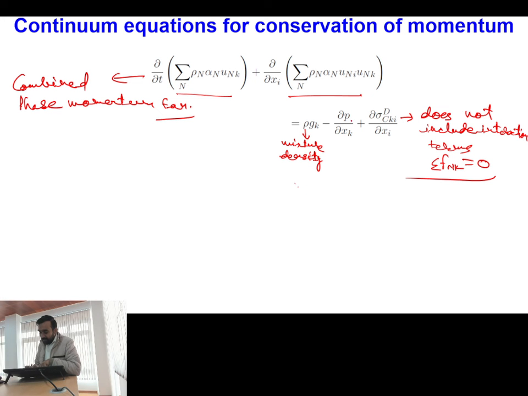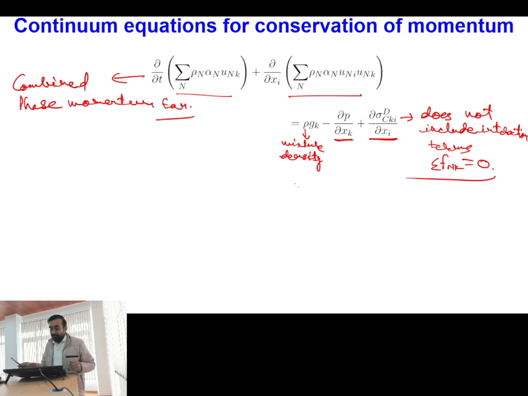Okay, and we have removed that delta n now, because whenever we are writing the sum of all momentum equations, then we are accounting for the continuous phase also. So the continuous phase is also included. So if the continuous phase is included, then these surface forces will always be present in the system. So that's why I have dropped this delta n over here, because now the continuous phase is accounted. So that's why I have this pressure gradient term, and this is my stress tensor term. Okay, and one more term I will be getting, summation of F and k, and we know that it is equal to zero. So this is my combined phase momentum equation.